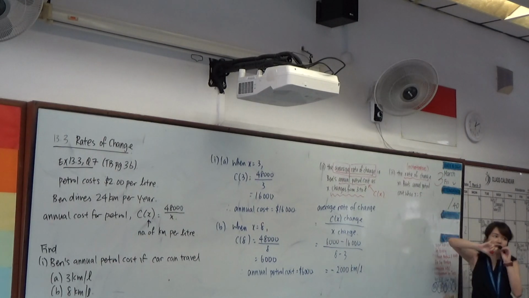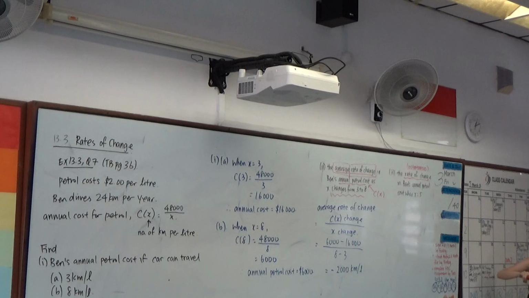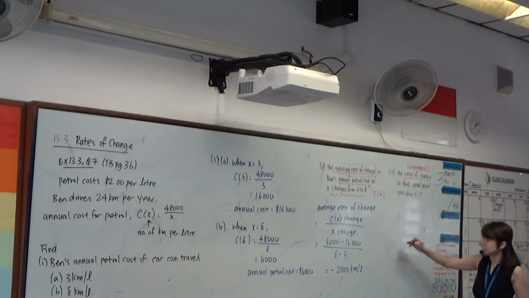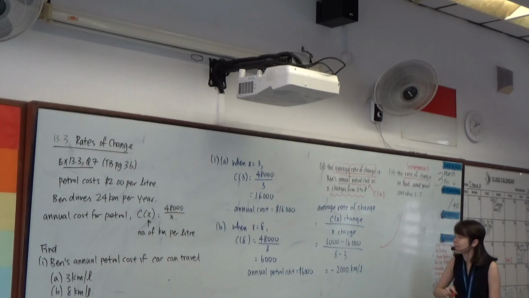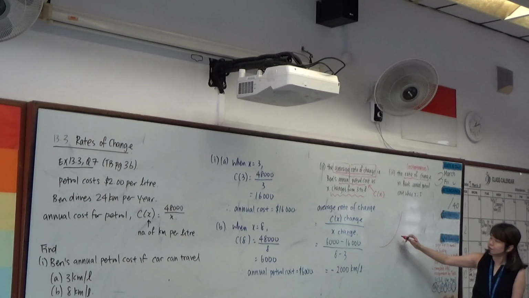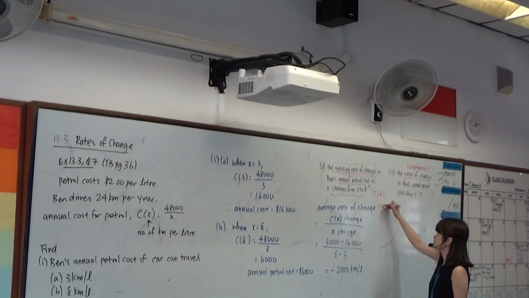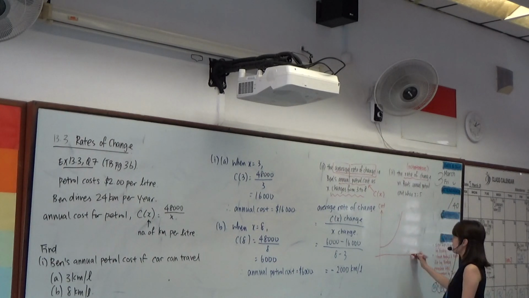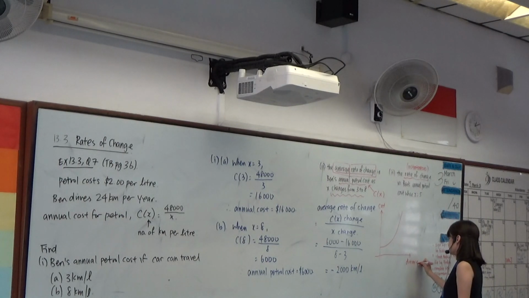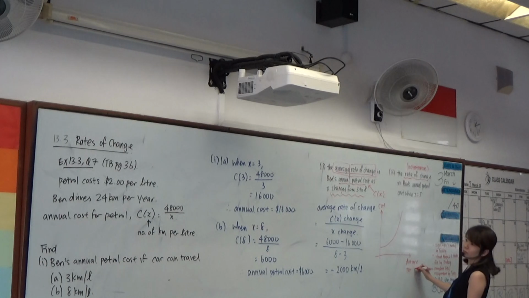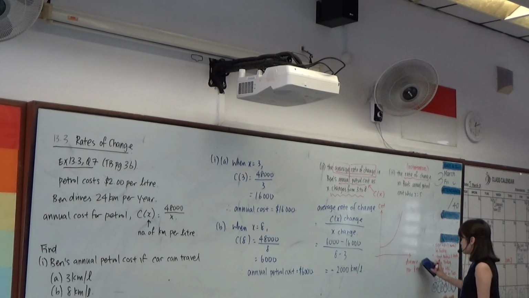The meaning of instantaneous is that at that particular point, what is the rate of change? So for example, if I have a curve like that, and if this curve were to represent your cost over the distance traveled, distance per kilometer per liter, sorry.